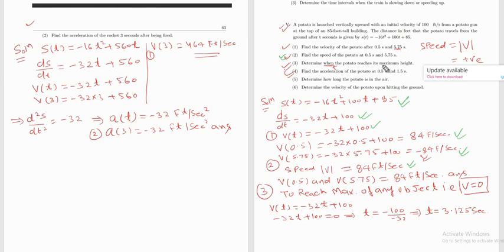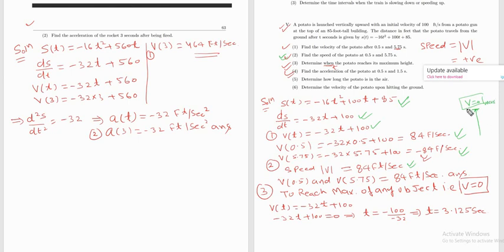Determine when the potato reaches its maximum height. Suppose that it is going from this to this, and this is the maximum height. So at that point velocity should be 0 if it is maximum.